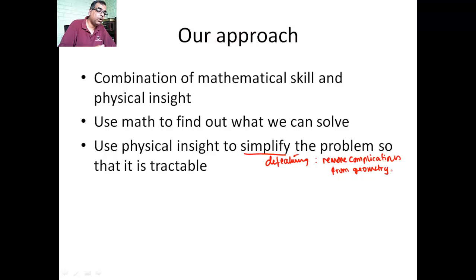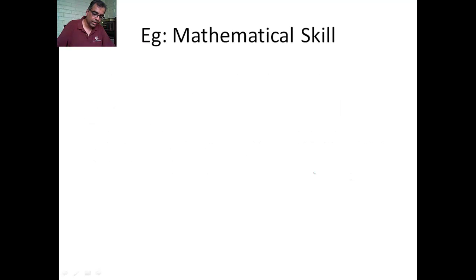Okay, but it cannot be all complications, only inessential complications. And the question of what is inessential and what is essential comes to a combination of math and physics. So there are certain things that you can eliminate, certain things that you cannot, and you have to know which is which. Okay, so let's look at an example of mathematical skill.